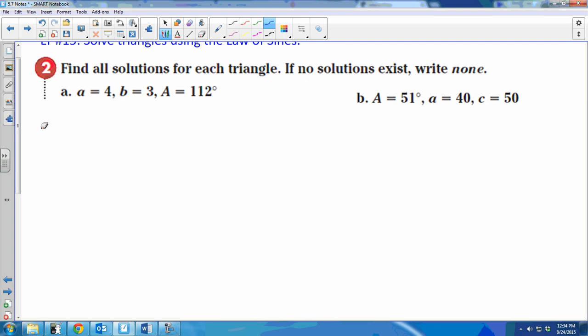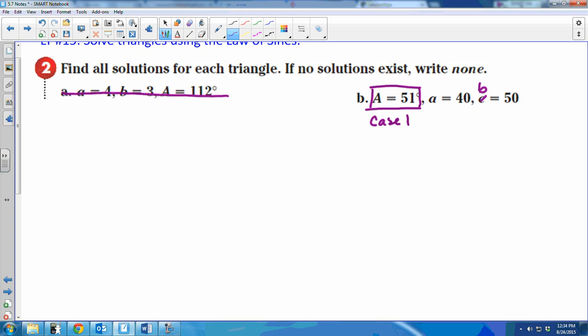All right. On this other one, our angle is 51 degrees. So that means we're in case 1. We can change side C to side B for the time being to use our table.